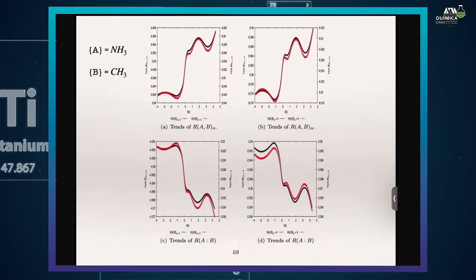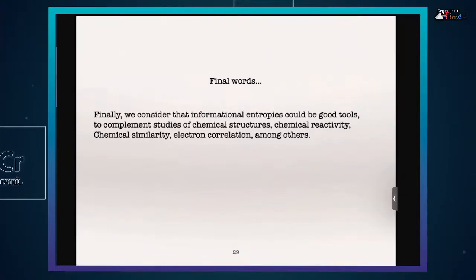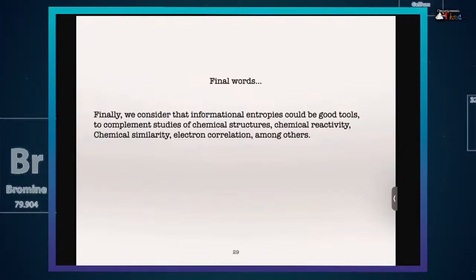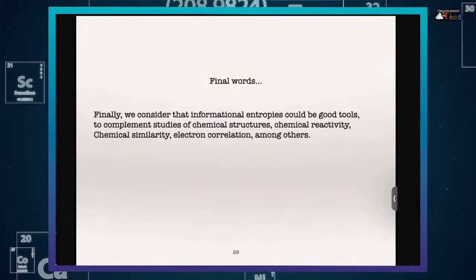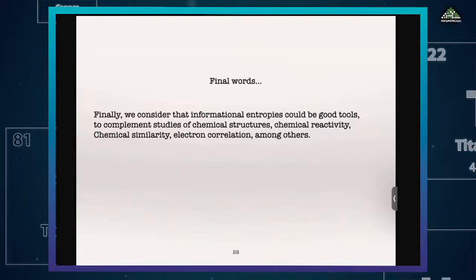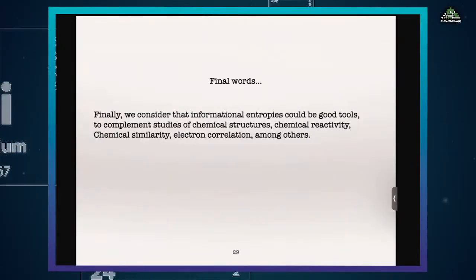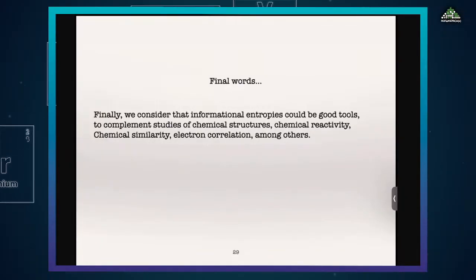So, in general, I could say that these concepts of information theory are very useful and powerful concepts and tools that permit us to study chemical systems in a more general way.